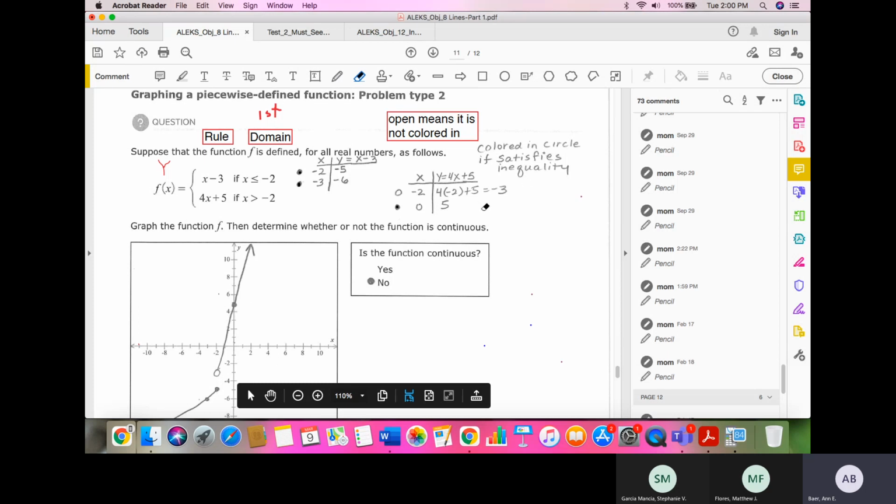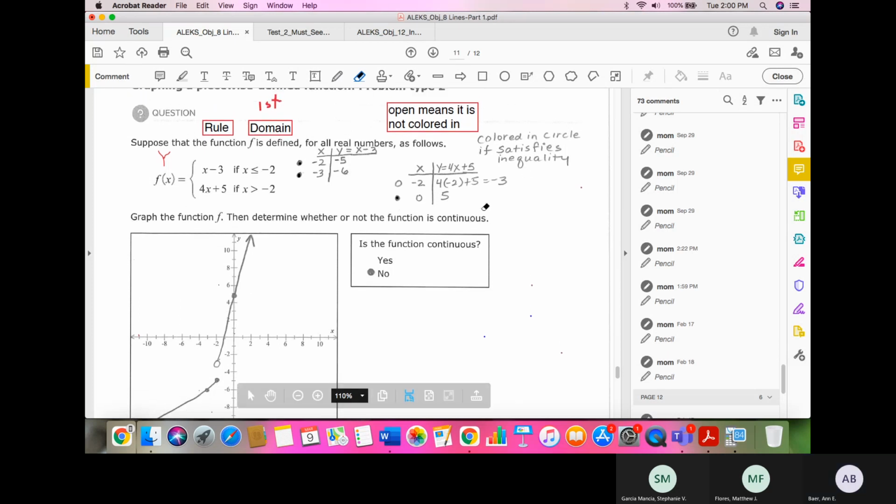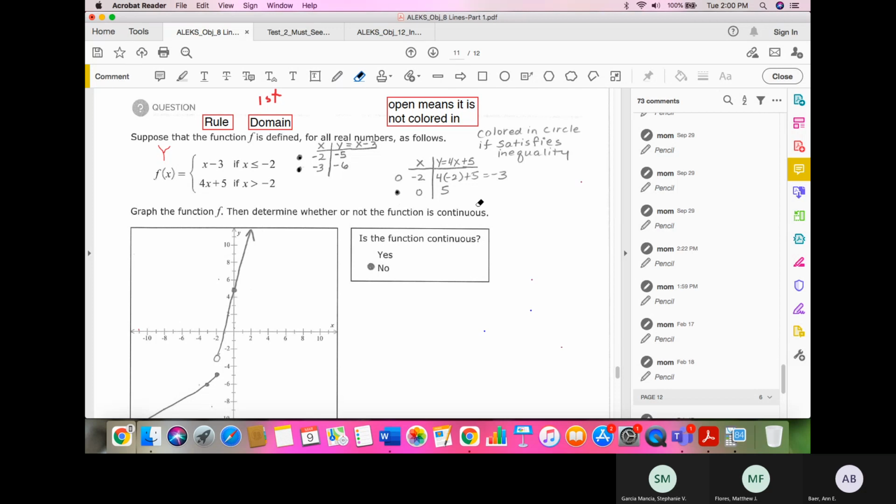So now the other graph, or the other t-table. Let's take a look at that. We want to plot this point, negative 2, negative 3.